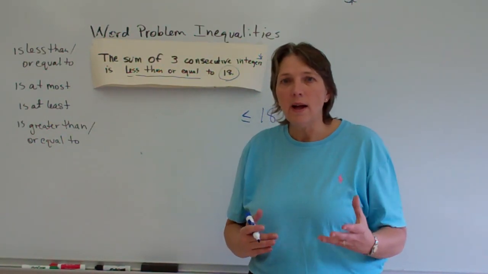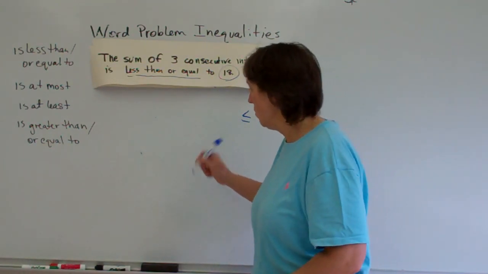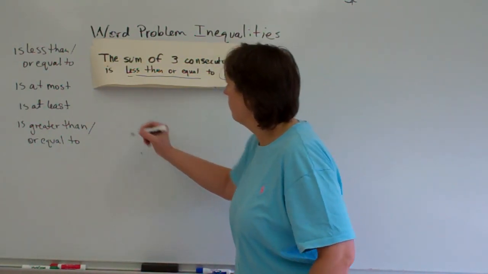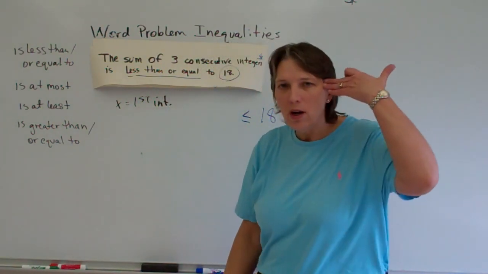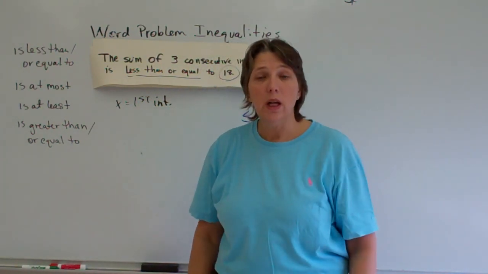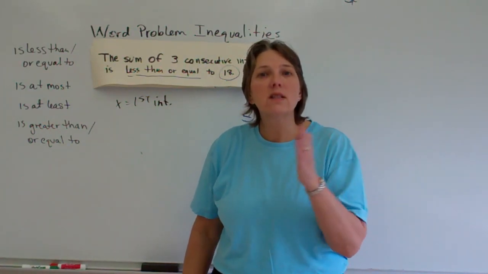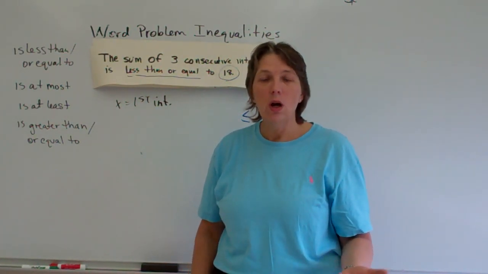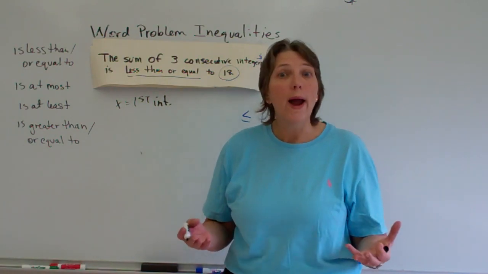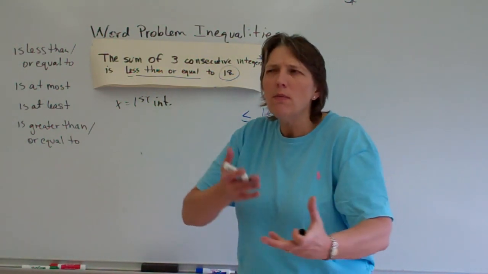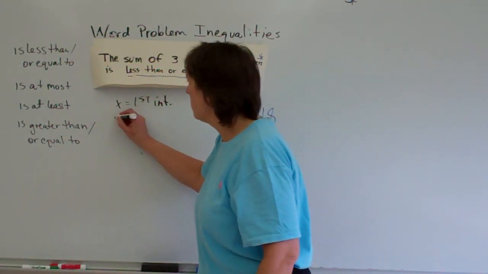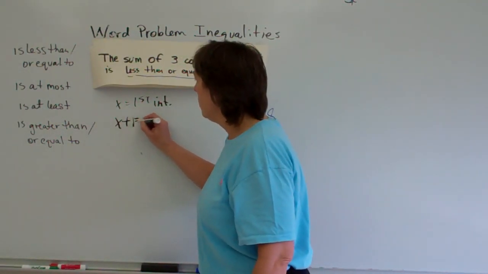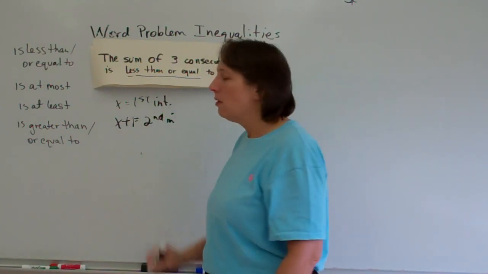So if we say x is the first integer, and in our head we say, that's 3. Well, how do I get to the next consecutive integer, which is 4? How do I get from 3 to 4? Oh, I add 1. So x plus 1 is my second integer.